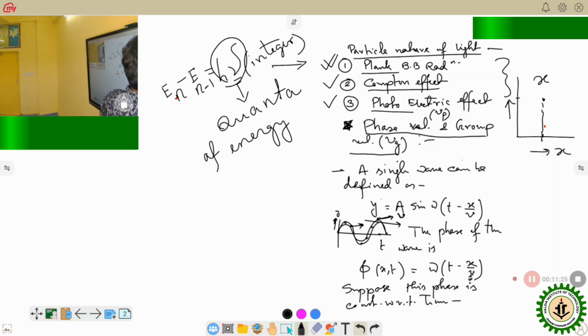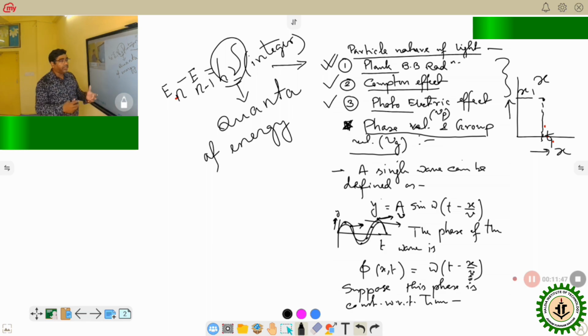There is no such spreading of space, and no spreading in time coordinates here. That means these properties are valid for a particular instant of time as well as a particular position.